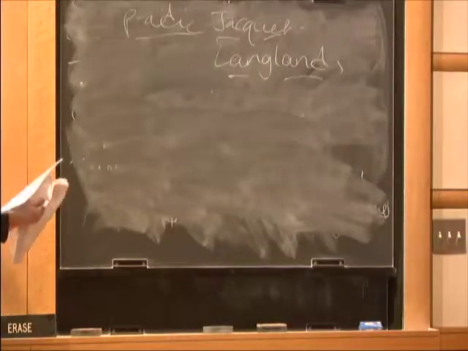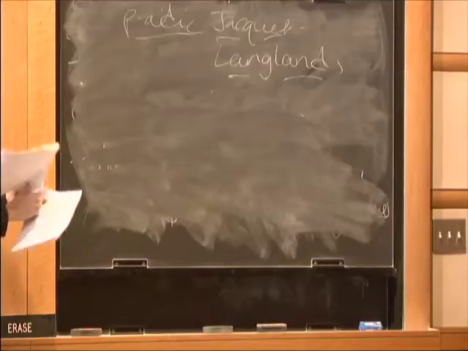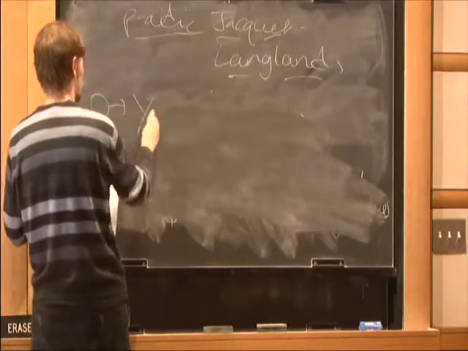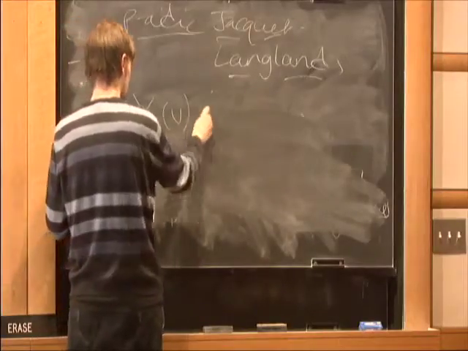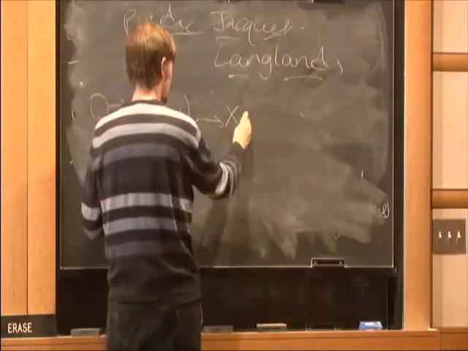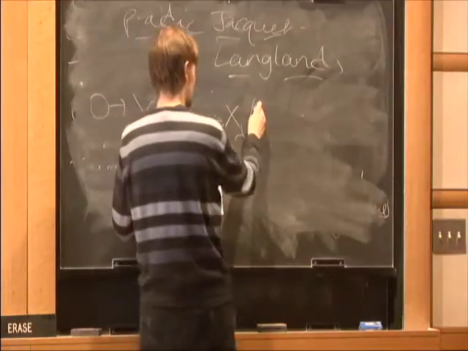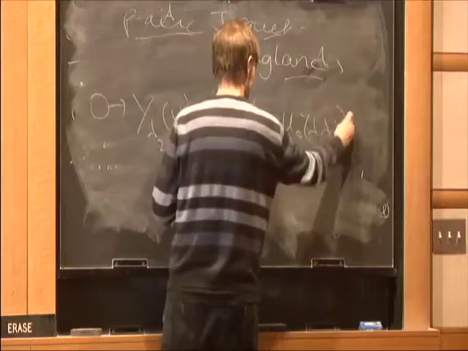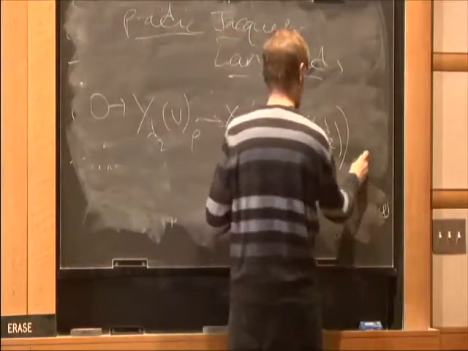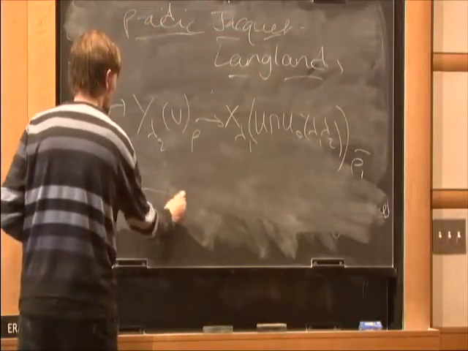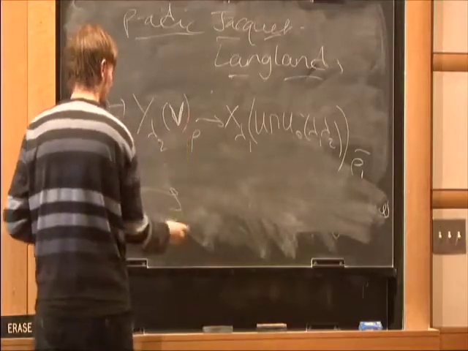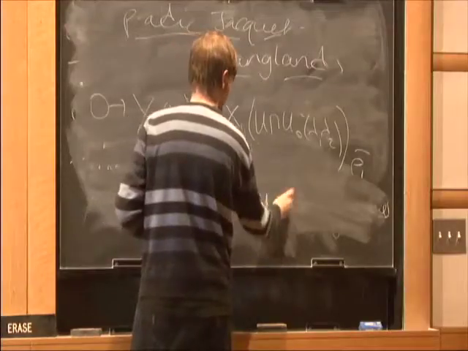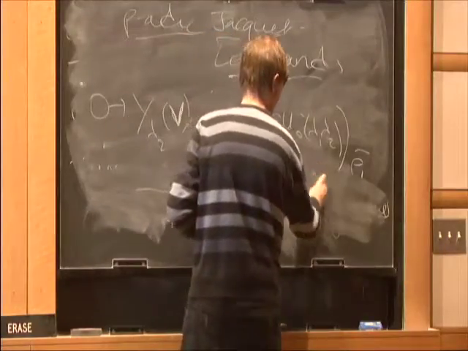That looked like: 0 goes to Y lambda 2, which maps to rho bar, X lambda 1 U, so U naught lambda 1 lambda 2, goes to rho bar mapping to X lambda 1 U intersect U naught lambda 1 squared.